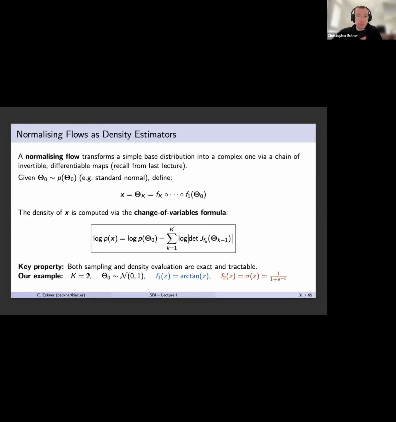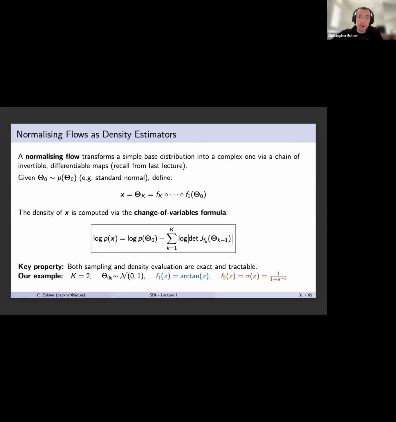As an example, I want to give in more detail what happens if you use an arctangent function for the first transformation and then the so-called sigmoid function as the second function in your normalizing flow.